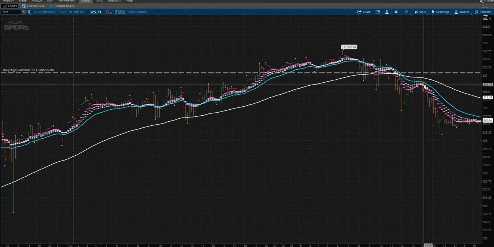The exception was Thursday the 9th. We knew going in that day was going to be chop due to positioning going into the payroll number on Friday. So Thursday was a nothing day. We told our subscribers you're likely not to get any signals one way or the other. But with the exception of that, the system's nailed it, bell to bell, every single day.